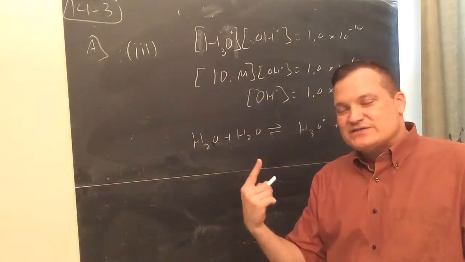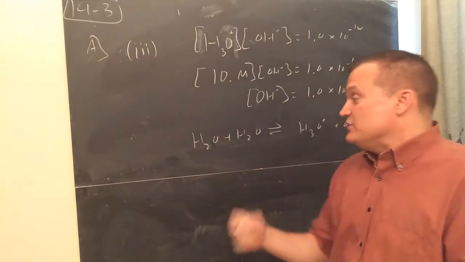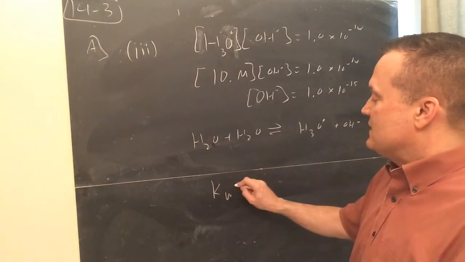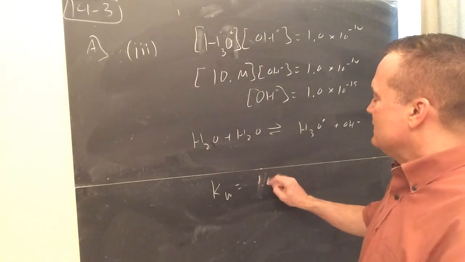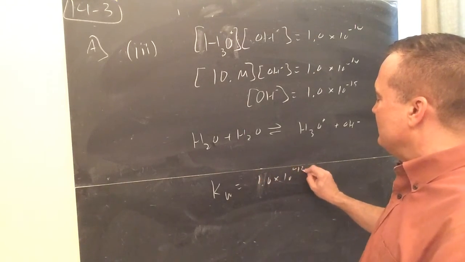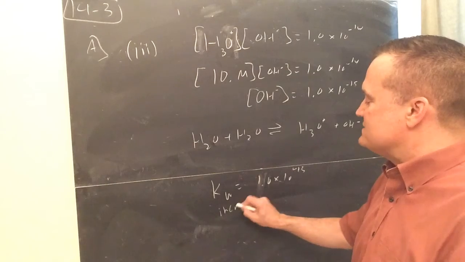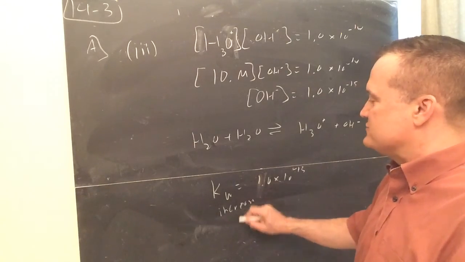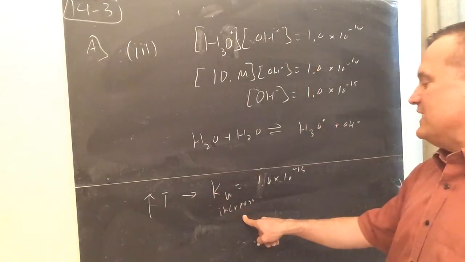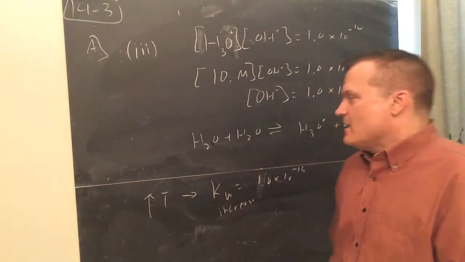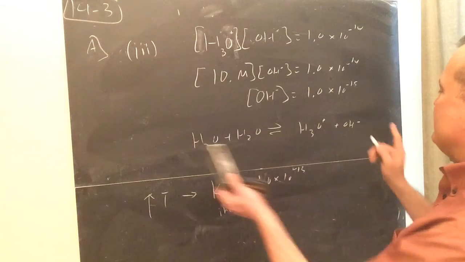Well, if you increase the temperature, the value of K goes higher. Kw goes up to 1 times 10 to the negative 13. Kw increases at higher temperatures. Increased temperature causes Kw to increase. So what does that mean? Think about Le Chatelier. Where would the heat have to be?